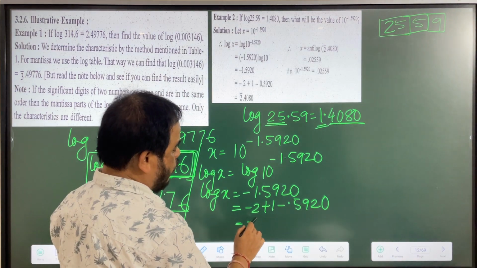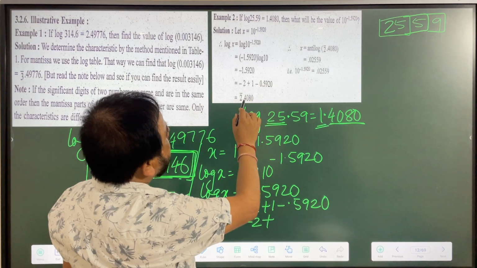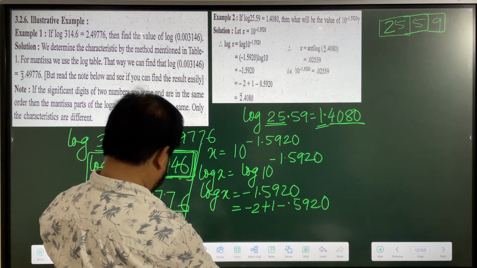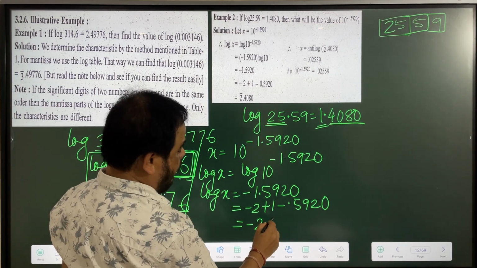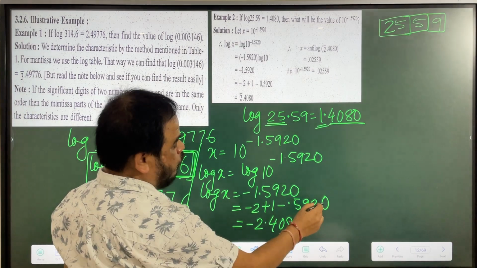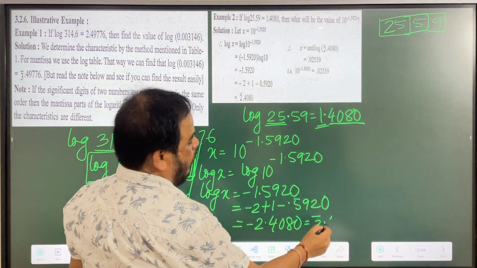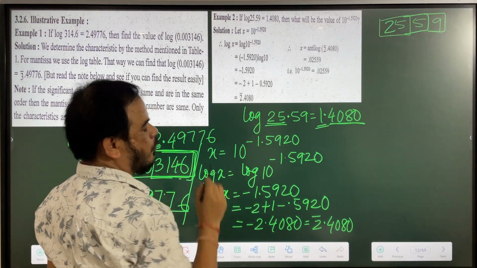So minus 2 plus, from 1 if we subtract 0.5920, we get 0.4080. So it is minus 2.4080, or we can write 2 bar 0.4080.